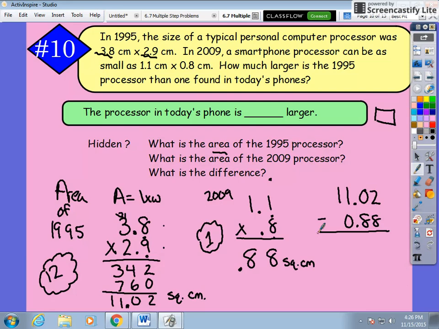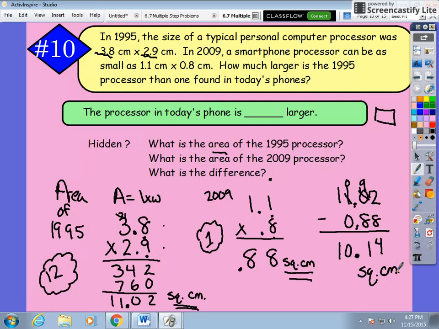So I need to subtract, and this is where lining up the decimal points is very important. So I'm going to borrow, and I get 12 minus 8 is 4, 9 minus 8 is 1, bring down my decimal point, and I get 10. And we have to remember that because we found the area, we have 10 and 14/100 square centimeters.